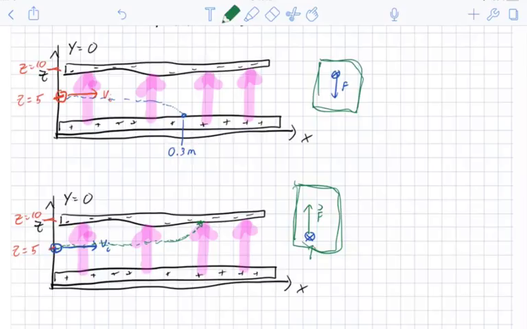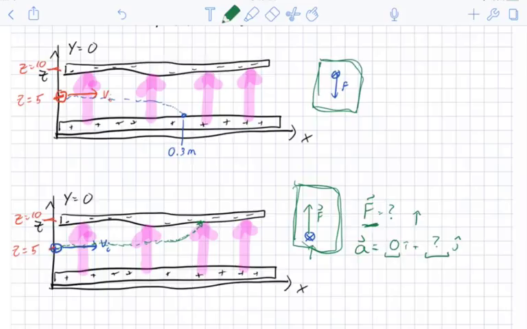I don't know how big the force is, how much force it feels. But if I did know how much force it feels, I could tell what the acceleration was. And the acceleration is going to have a 0 i hat component, and it's going to have some unknown j hat component.